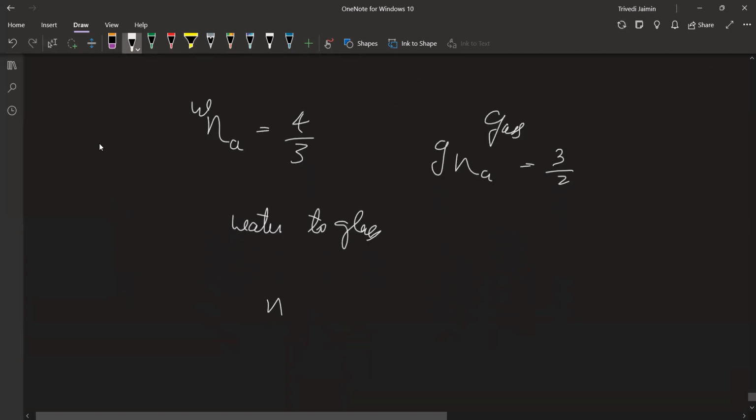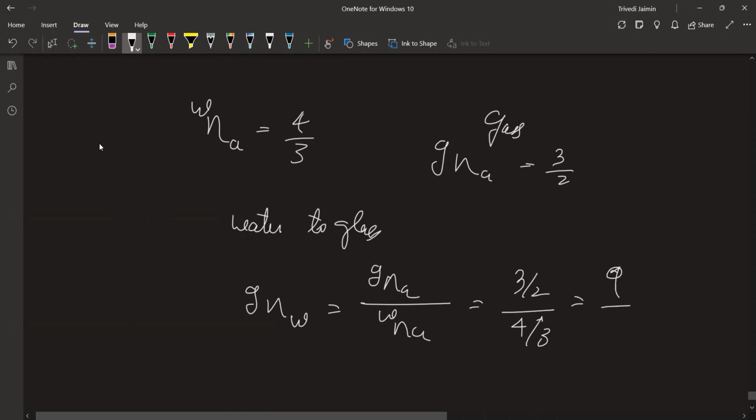We need NGW, which is NGA divided by NWA, which is 3/2 by 4/3. 3, 3, 9, and 2, 4, 8.